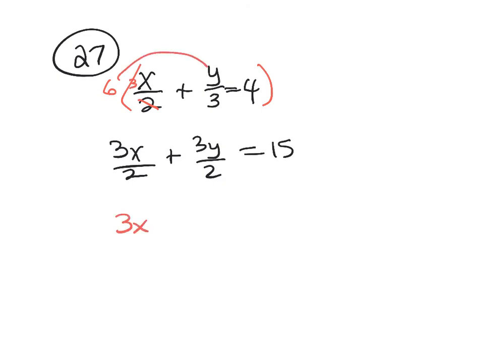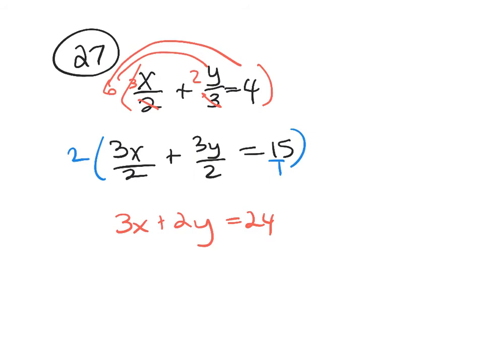When I distribute it here, this becomes a 2y. And then I have to distribute the whole thing, and that's a 24. Over here, my common denominator is 2. The only thing that doesn't have the 2 is the 15. So this stays 3x plus 3y equals 30.